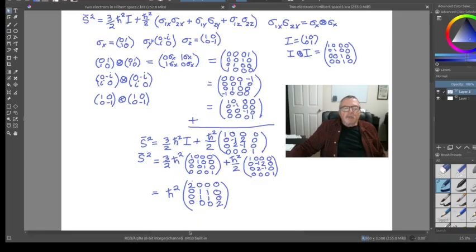Now, everything would be just nice and clean if I had a nice diagonal here, because that would mean that for every one of these h bar squared values, I'd have a nice result out here. But that's not the case. Here's the problem area, and I'll circle that.